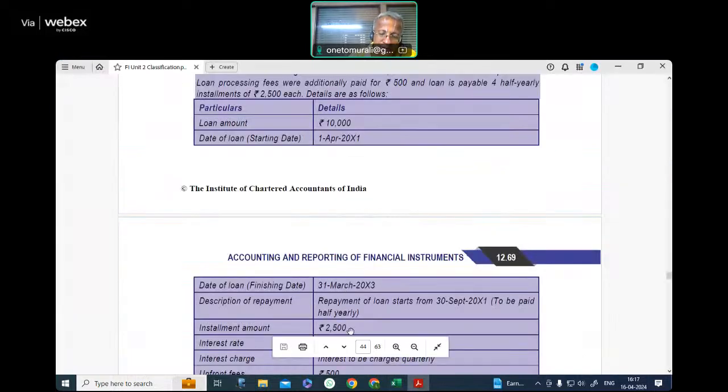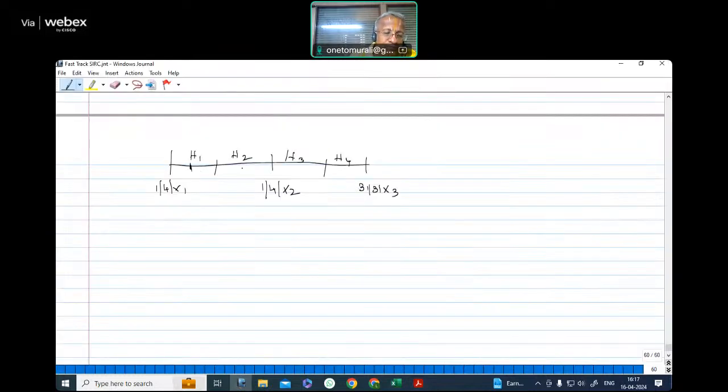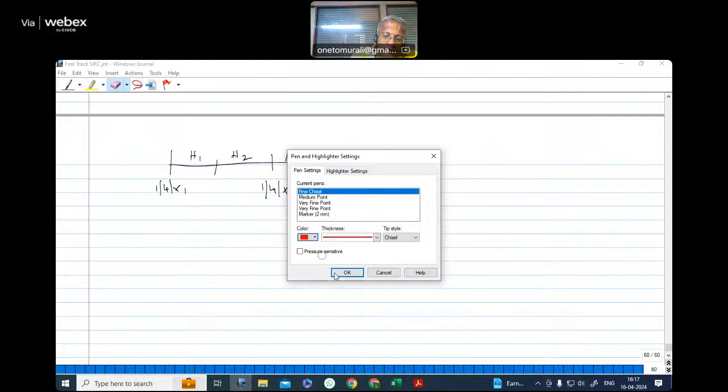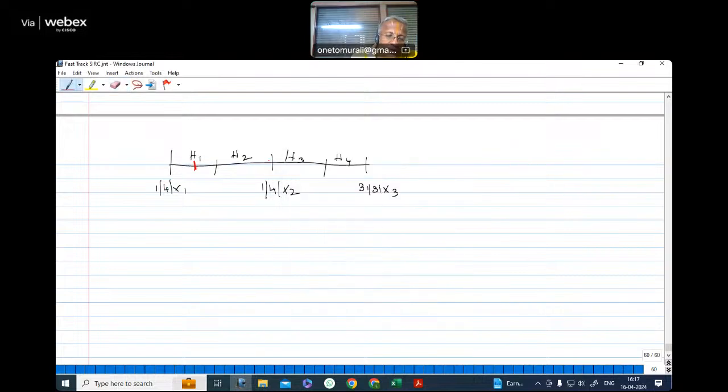So principal repayment of 2,500, whereas interest is charged quarterly. So in fact, I will put the quarterly through another color. Correct.